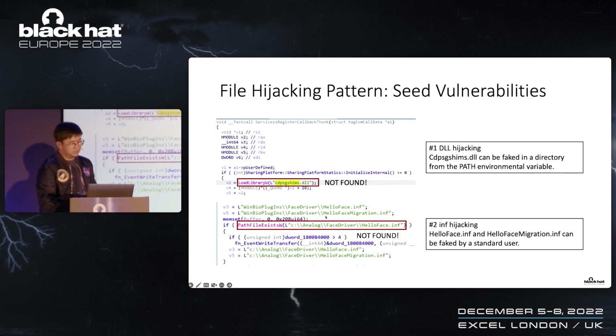The second one is driver installer file hijacking, and you can see this file path can be fully controlled by the standard user, so the standard user can modify, override, or create a fake helloface.inf and lead to some unexpected situations.